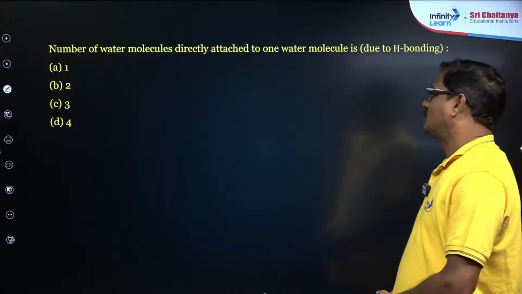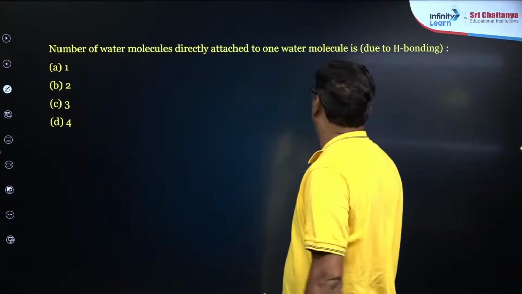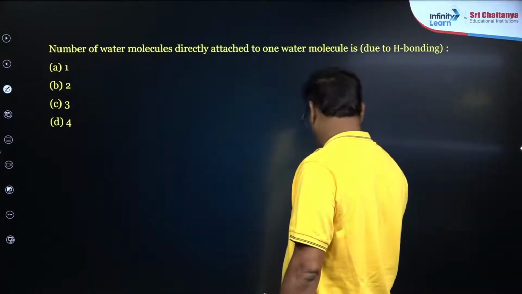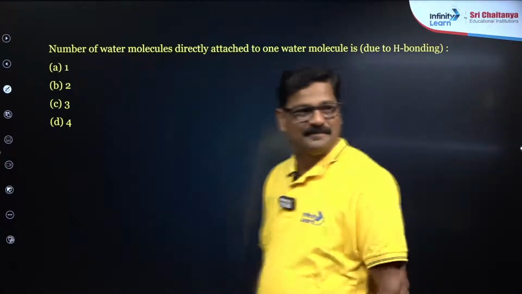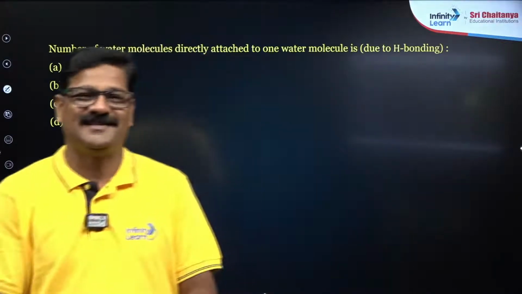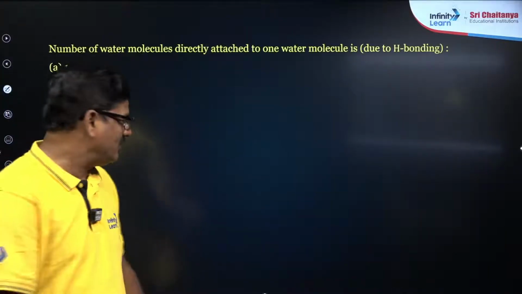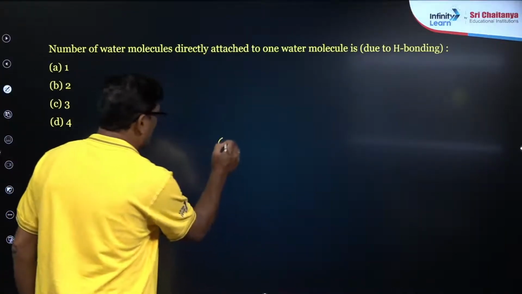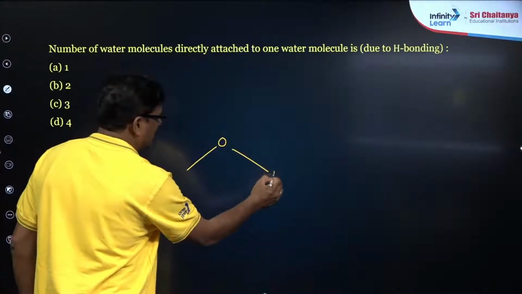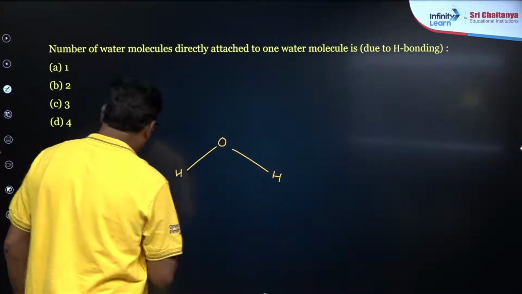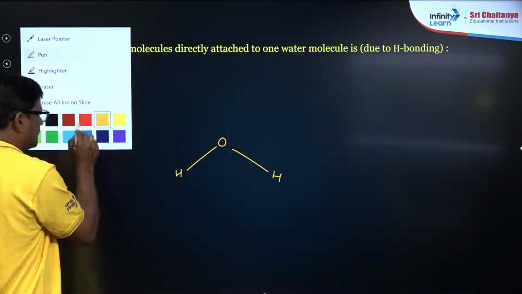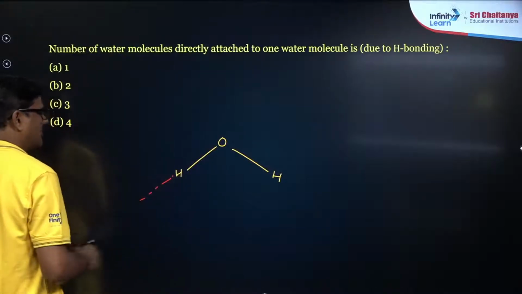Number of water molecules directly attached to one water molecule due to hydrogen bonding. Who will give the answer? You will. Okay, so suppose the water molecule is like this, O and H and H, and let us see there is intermolecular hydrogen bonding.